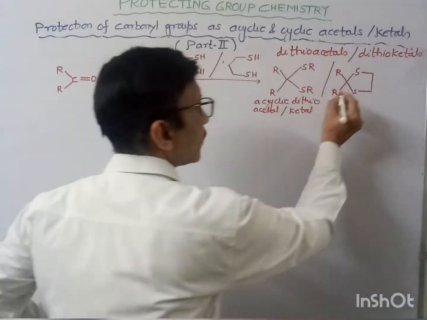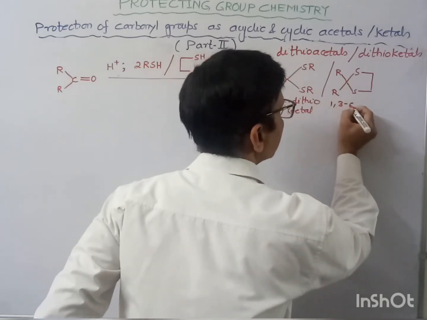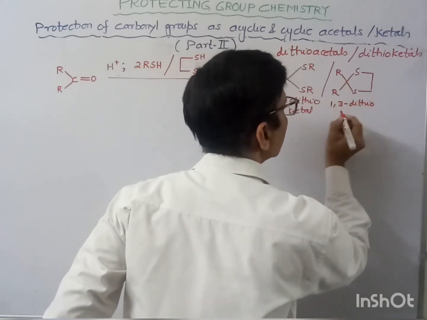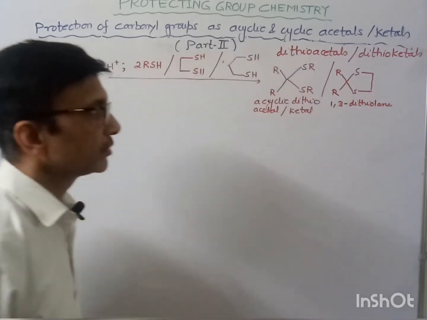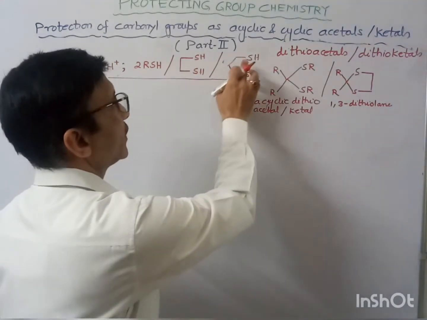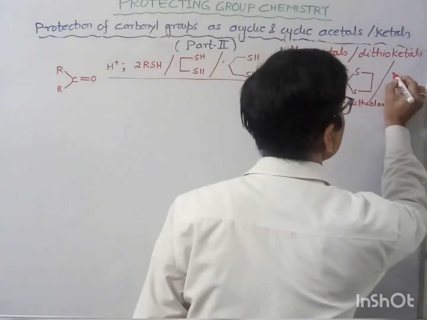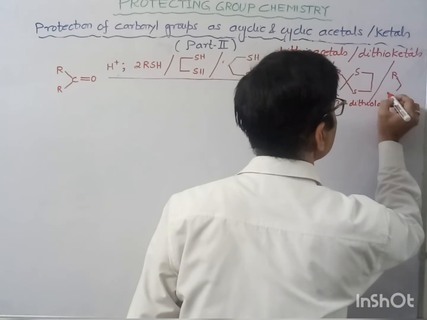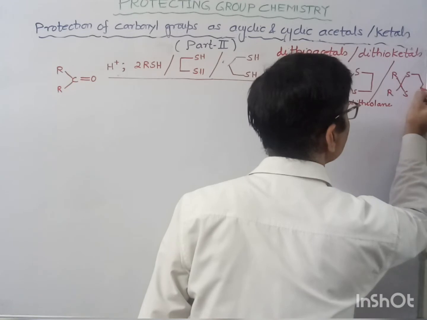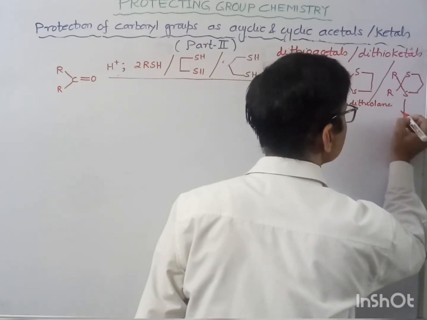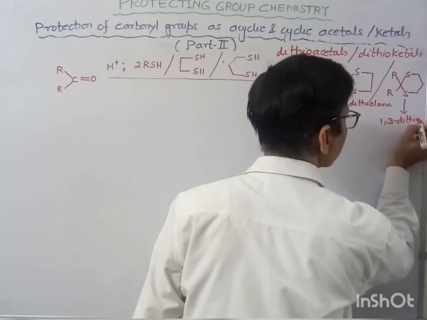This is called 1,3-dithiolane. If we are taking 1,3-dithiol, then we will get a 6-membered ring. This is called 1,3-dithiane.